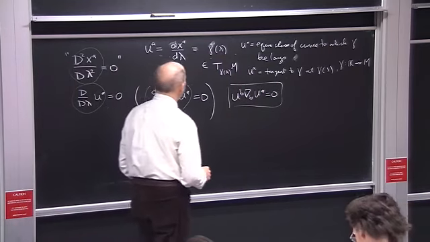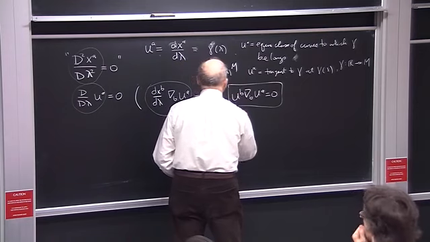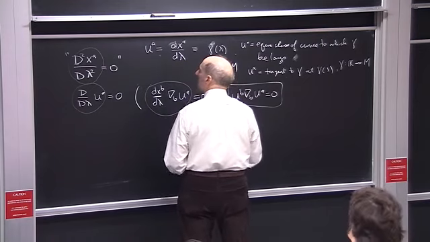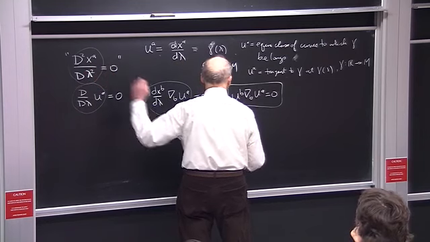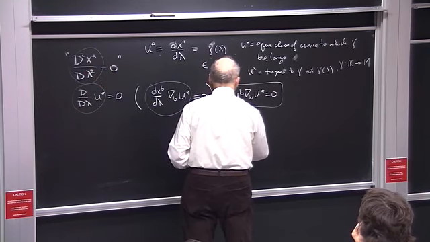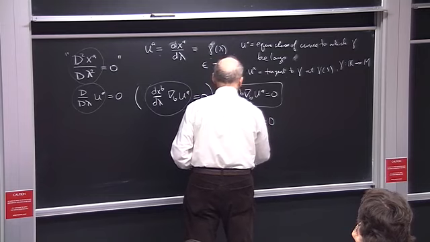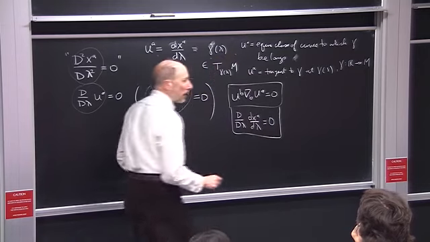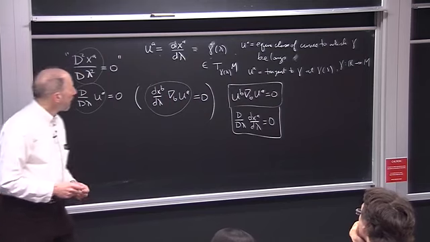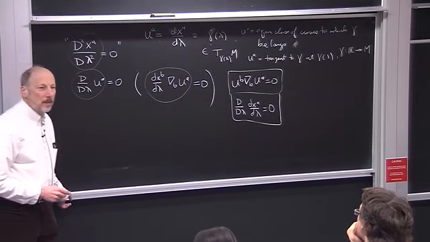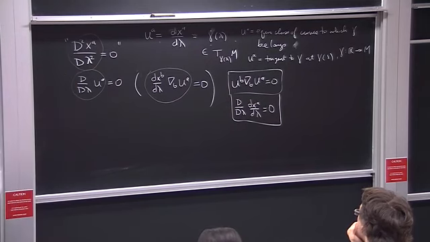I suppose the two sort of most important ways to write it that would be completely correct, so not using a new definition here, would be these two. Either one of these, which are equivalent, are the geodesic equation. Okay? So, okay, hopefully that clears it up if there was any confusion. Any other questions?